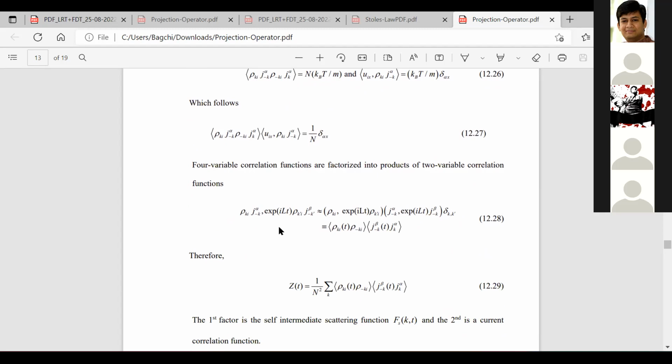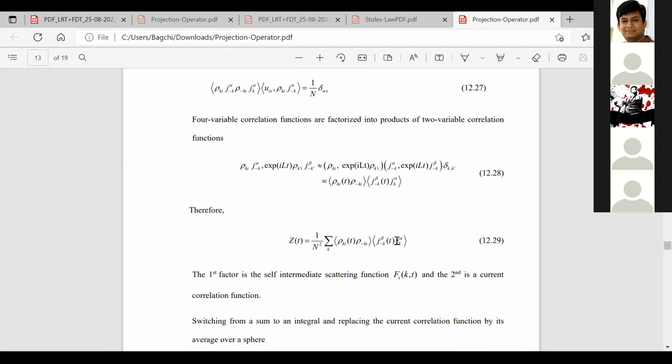And when you do this one, for example, e^{iLt} makes these 2 quantities time dependent: rho_k becomes time dependent, j_{-k} becomes time dependent. Once they become time dependent, I have rho_k j_k at time t equal to 0, and rho_k j_k at time equal to t. This is called the Gaussian approximation. I separate the rho_k into j_k, and this is this thing. So then my time correlation function, after doing all these things, is fairly simple, equation 12.29.